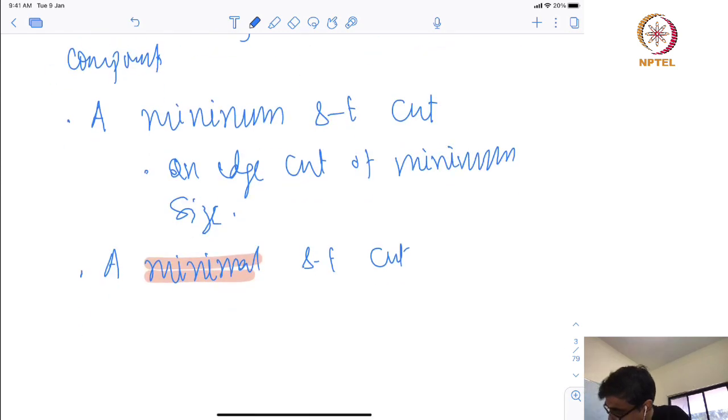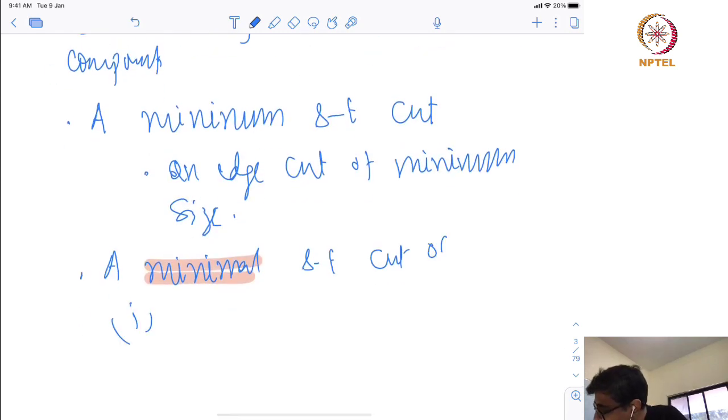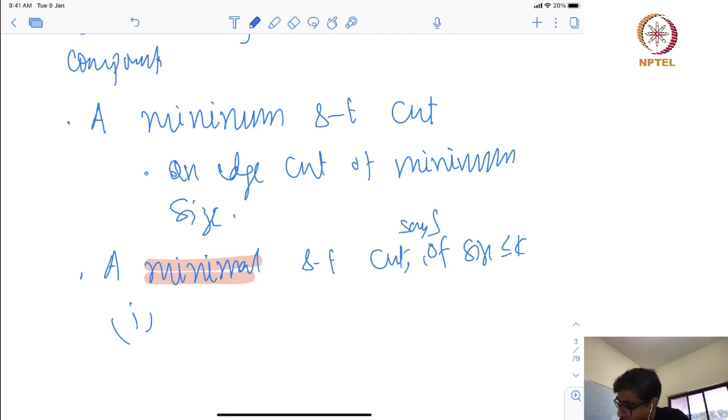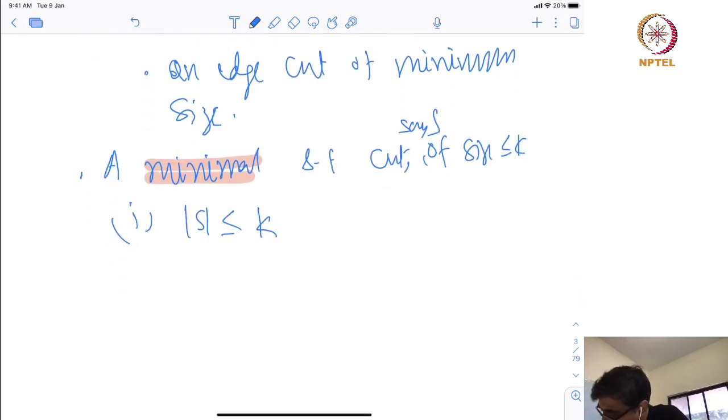A minimal ST cut, say S, of size at most k is, first, the cardinality of S is at most k.